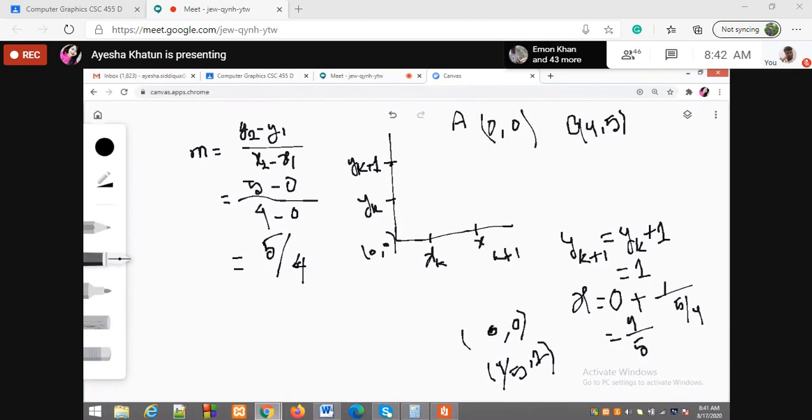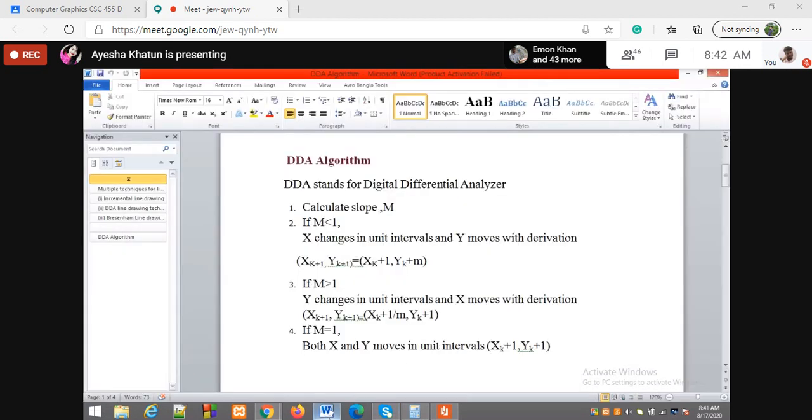So this is how you have to continue calculating this graph and move further. Now you see the algorithm: if m is less than 1, the x will be incremented by 1 unit and y will be incremented by the initial value of y plus m.